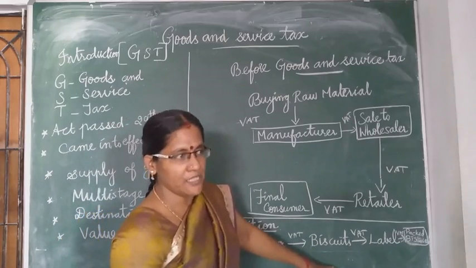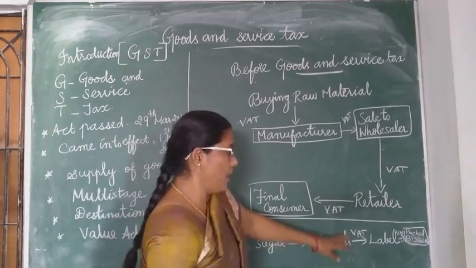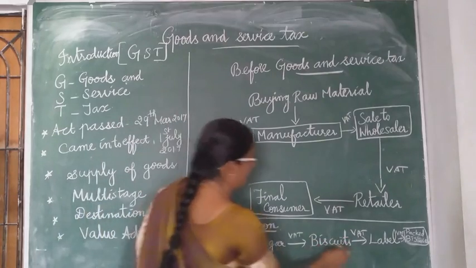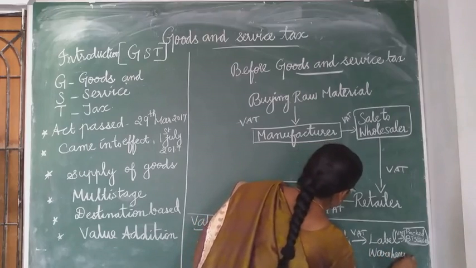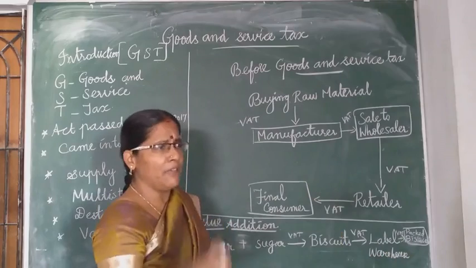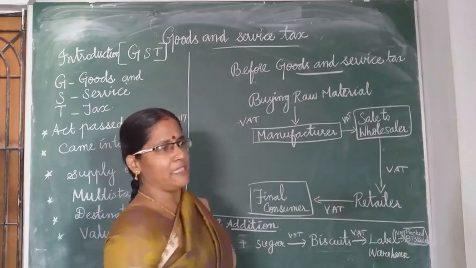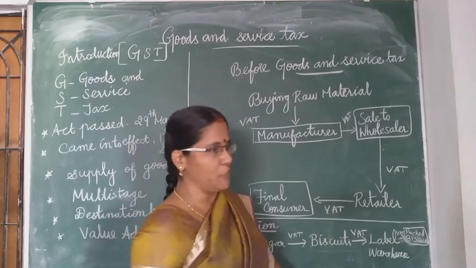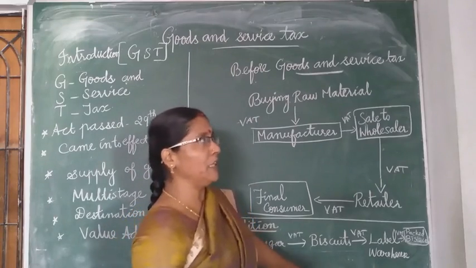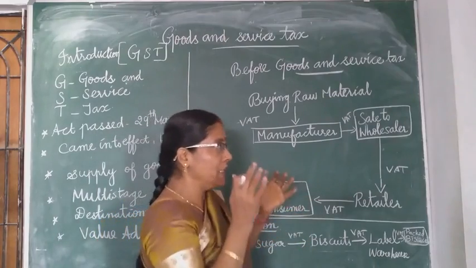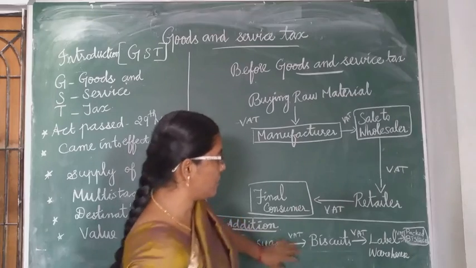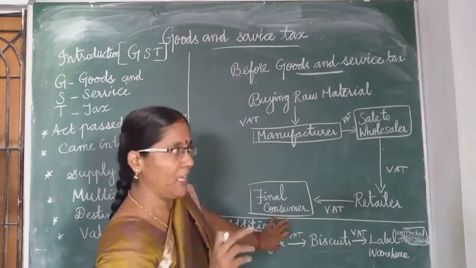Then the manufacturer sells these biscuits to the warehouse, where the warehouse agent packs the materials in large quantities of biscuits. Into small packs, we want to put the label, isn't it? So all these additions, here also they will charge the tax, value addition.